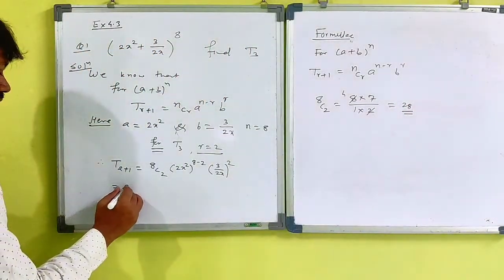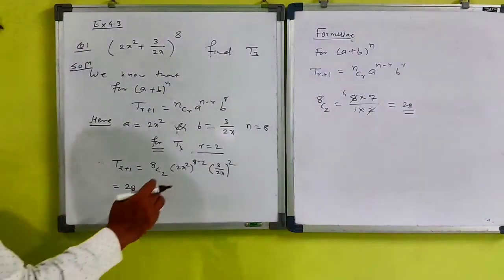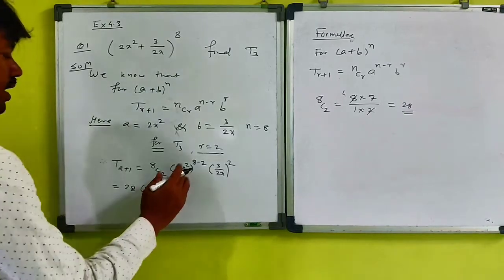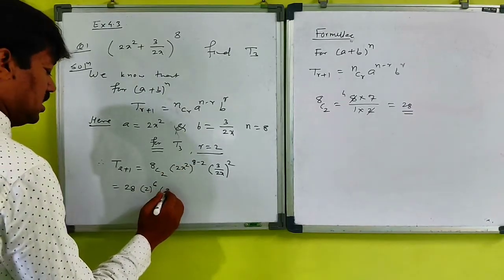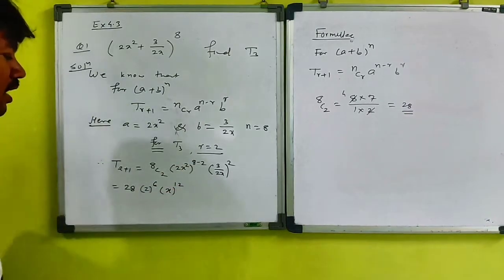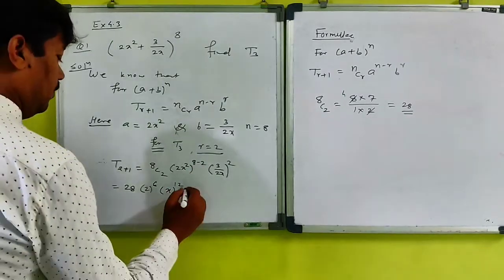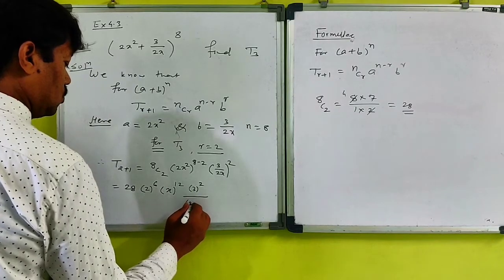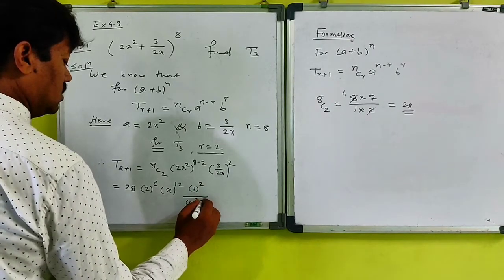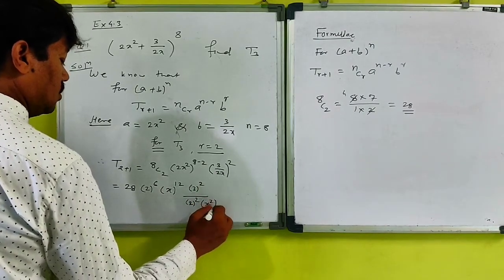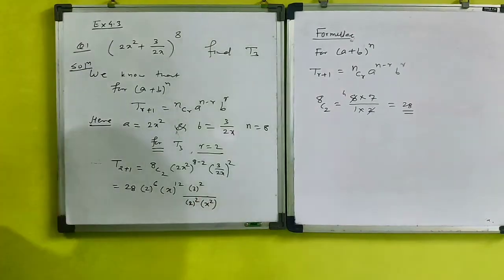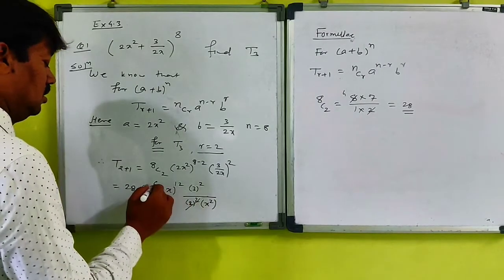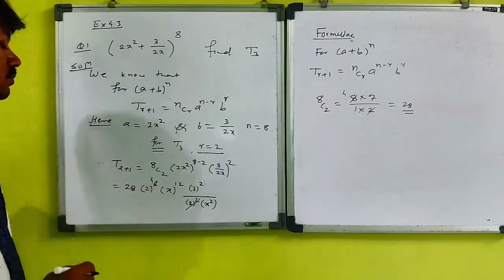So 8C2 value is 28. And then it is 2 raised to 6, x raised to 2 raised to 6, so that is x raised to 12. And here 3 square, 2 square, and that is x square. So what is the final value? See here, 2 square, so that power will be cancelled. It will be 4.